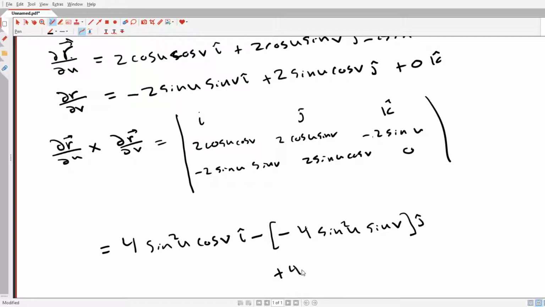Plus 4 sine u cosine u cosine squared v, and then plus 4 sine u cosine u sine squared v.